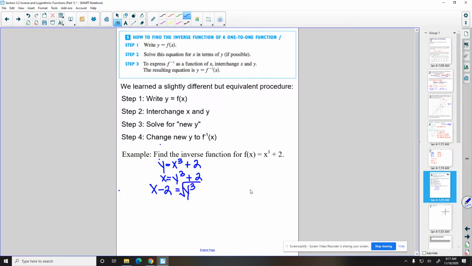And then I would need to cube root both sides. And so I would end up with y equals the cube root of x minus 2. And I'm going to change my notation back to the inverse notation. So this is the inverse of f is equal to the cube root of x minus 2.